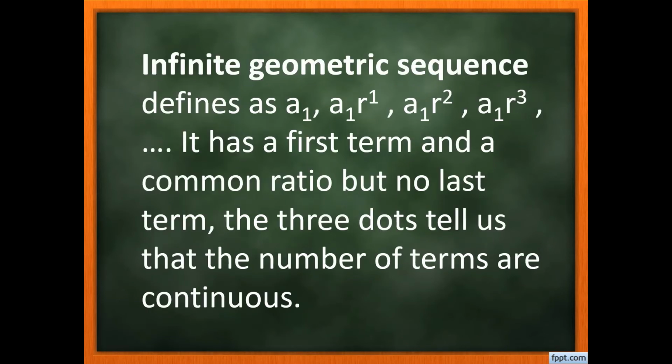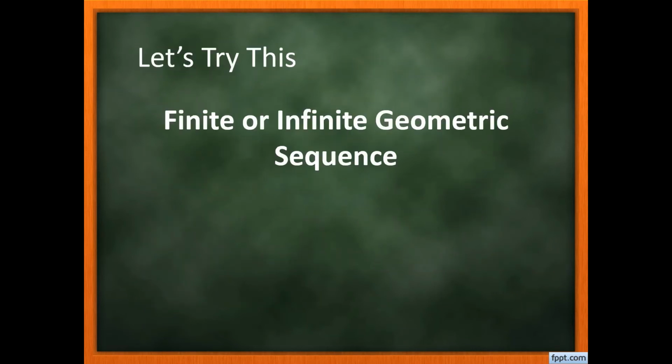On the other hand, an infinite geometric sequence, defined as a sub 1 times r raised to the first power, a sub 1 times r squared, a sub 1 times r cubed, and so on, has a first term and a common ratio, but no last term. The three dots tell us that the terms are continuous.